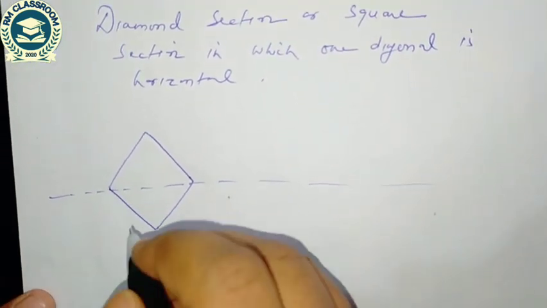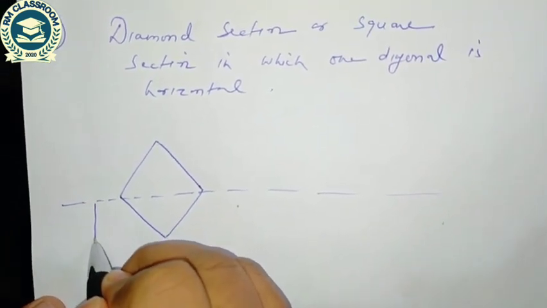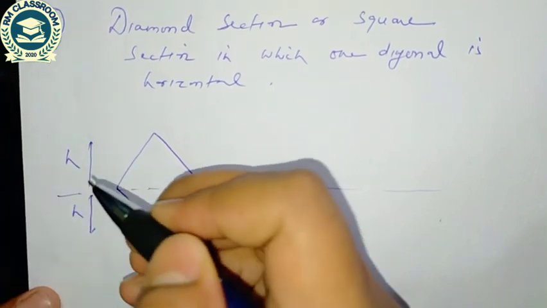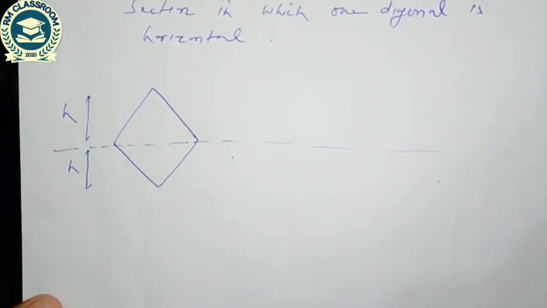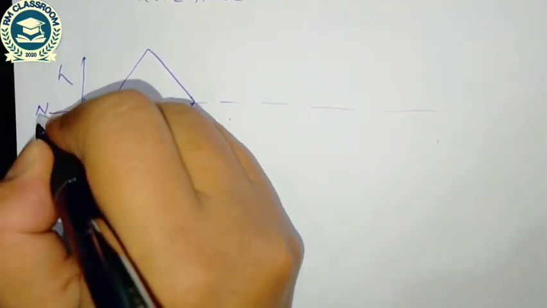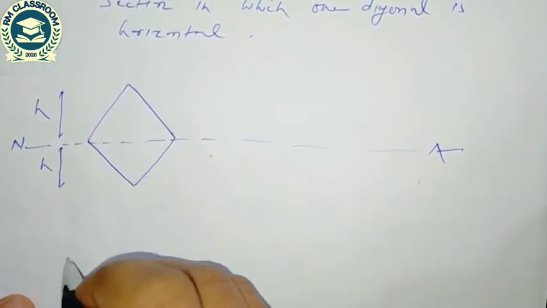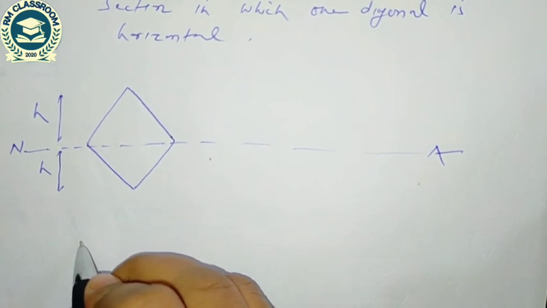I am taking just, if this distance is h, so this distance is also h, because this is a square section and this is the neutral axis. So you have to derive the expression of shear stress.